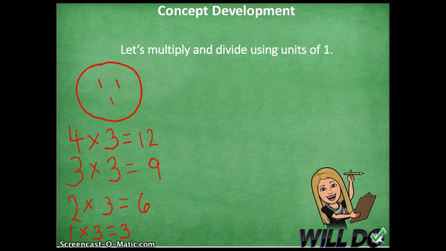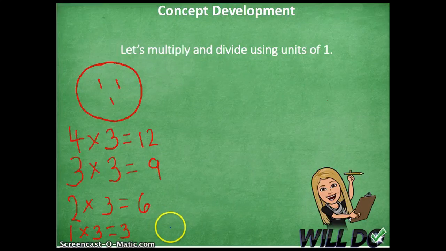One times 3 equals 3. All right, let's go ahead and change our multiplication equation and see if it holds true when we use an n in its place.